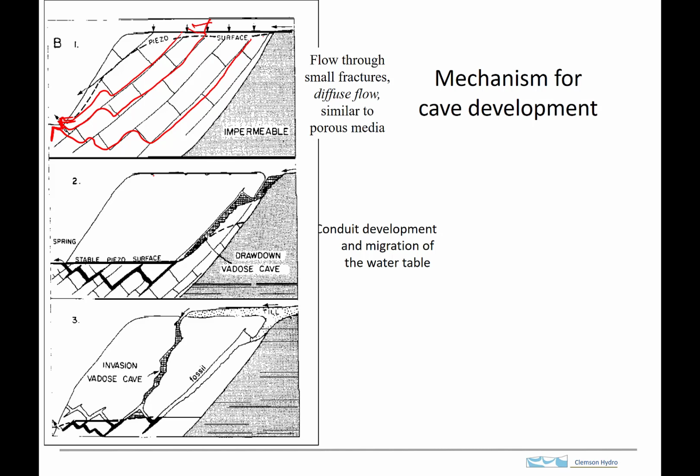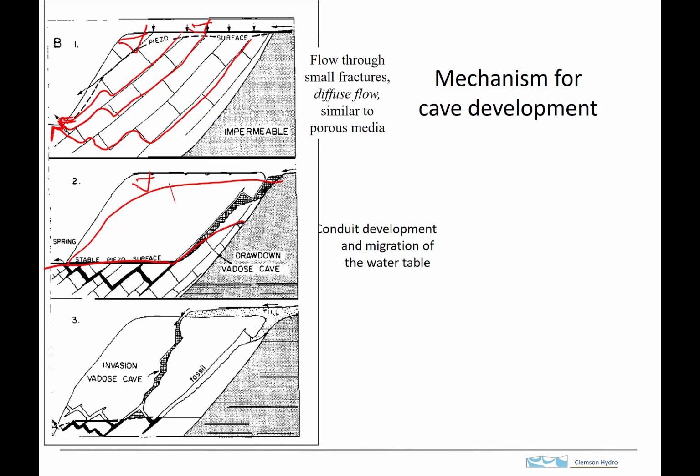But we would then enlarge those conduits, and when they're enlarged, we're not going to be able to support the piezometric surface up here like this. When the conduits become enlarged, the piezometric surface may start like this, but as we have more permeable conduits forming, it collapses, and now it looks like that.